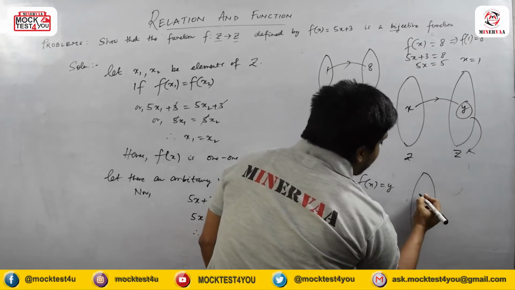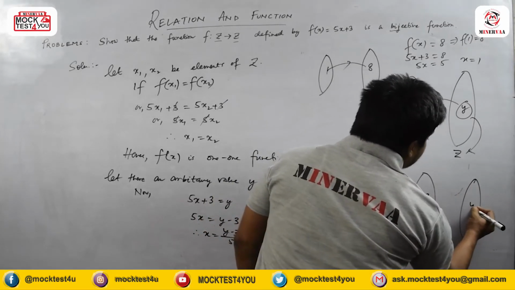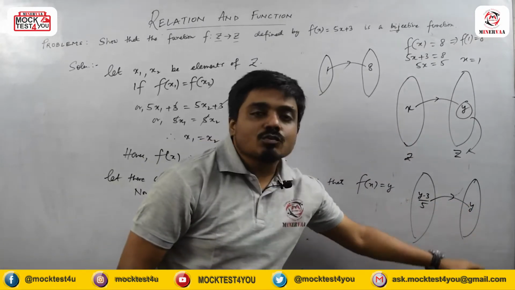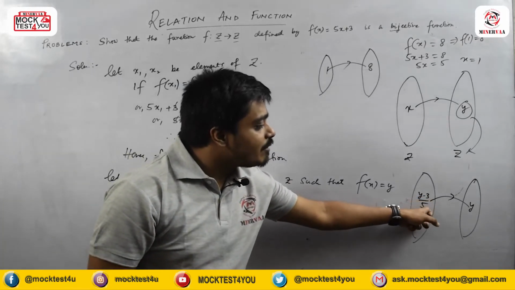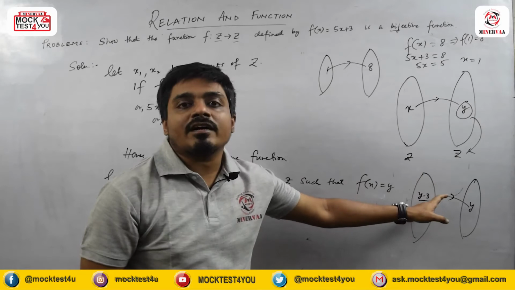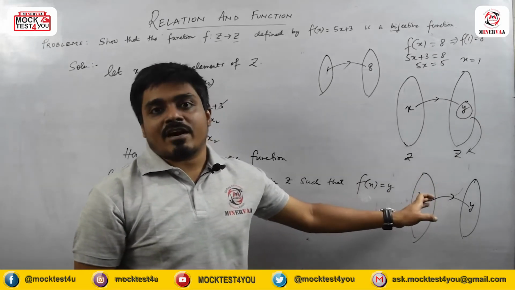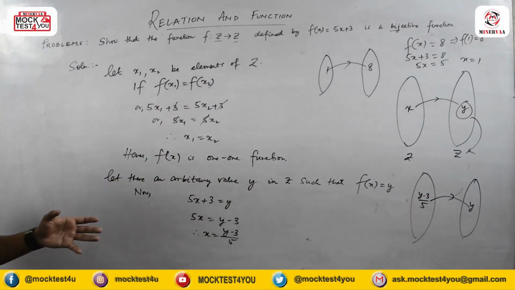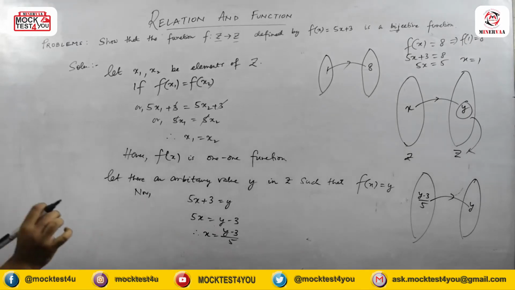We found out that (y - 3)/5 is the element whose image is y, right? And look at here, this (y - 3)/5 will always be defined, right? So since it is always defined, what we can say is that the function is onto function.